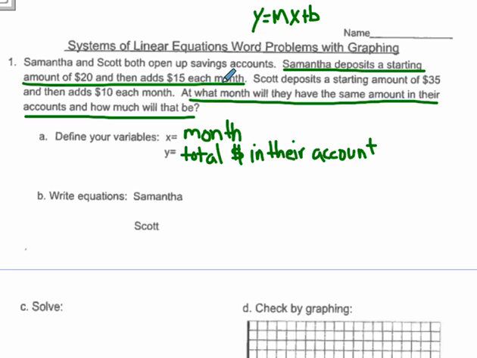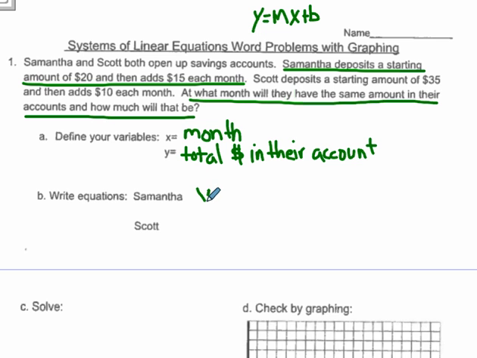So what we know about y equals mx plus b, b is our starting point, right? That initial deposit of $20, that would be our b. And then when it's talking about adding $15 each month, well, that's a rate of change because each month it's going up by $15. So this is our m.